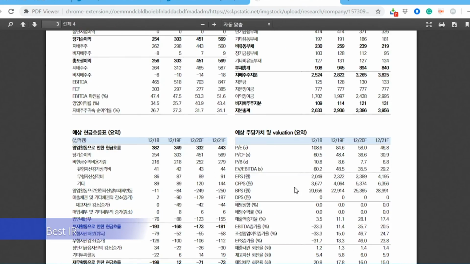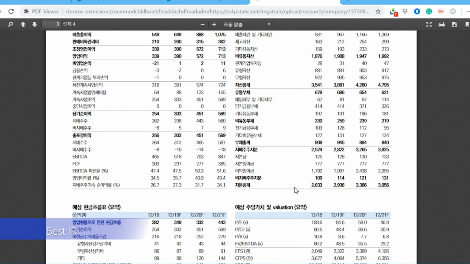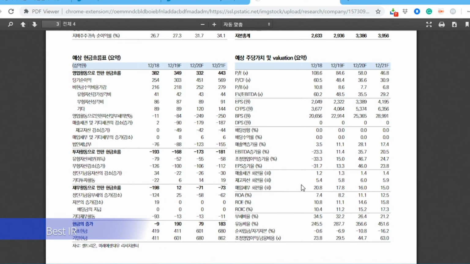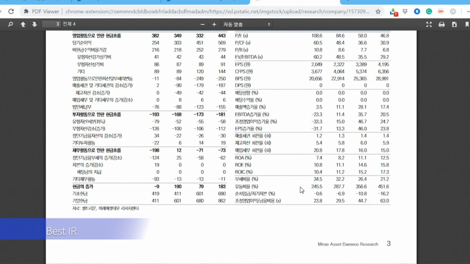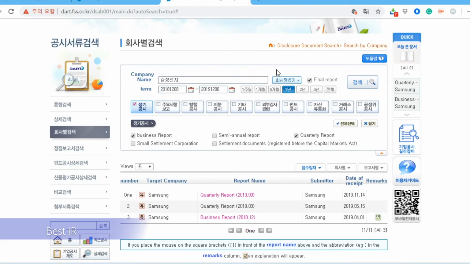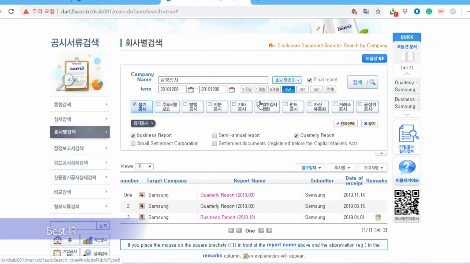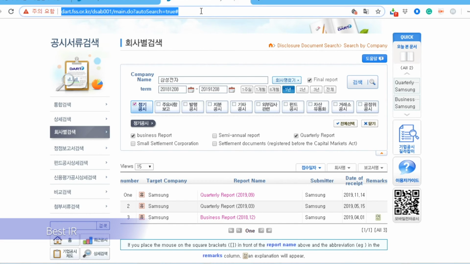Although you may translate this, we looked at the margins and everything before, so I'm not going to go through this. We just studied how to utilize the public information places for free.